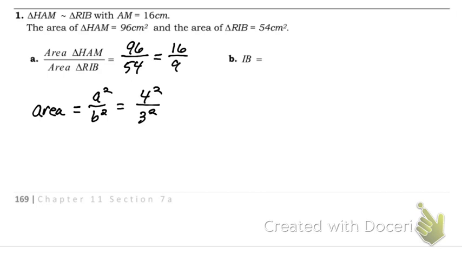Will it always be perfect? It won't always be perfect. Sometimes you have to take the square root of both of them. You might have like the square root of 7 over the square root of 5 or something. Just recognize that to get from area back to length, you do take the square root of both sides. So length is just A over B, which is going to be 4 over 3.